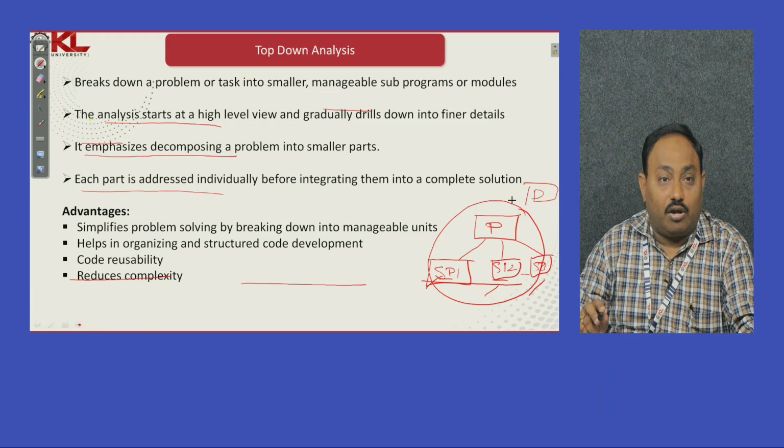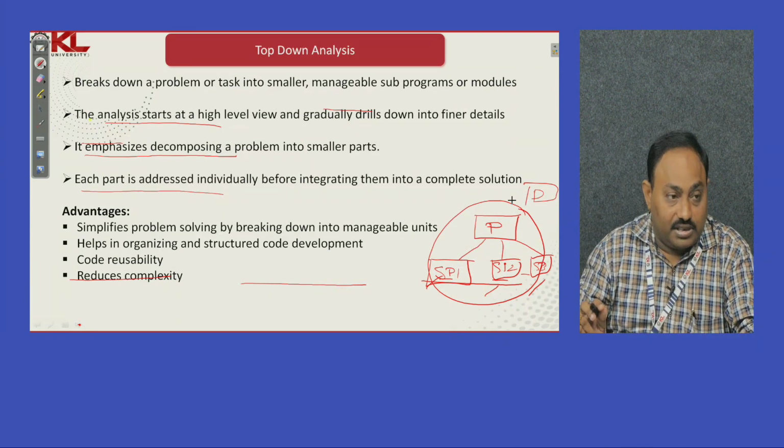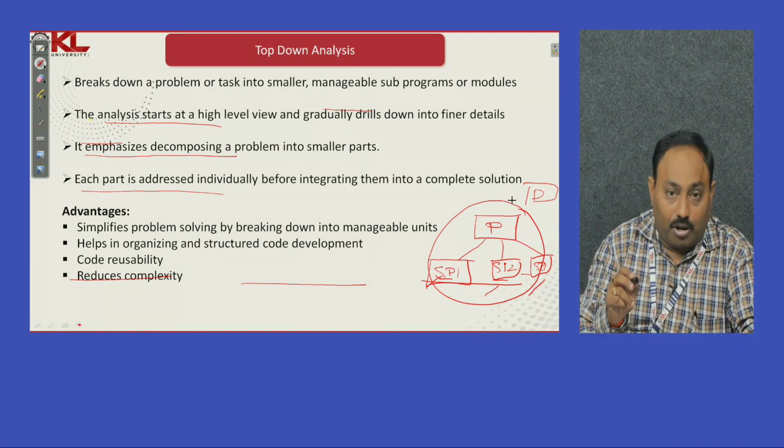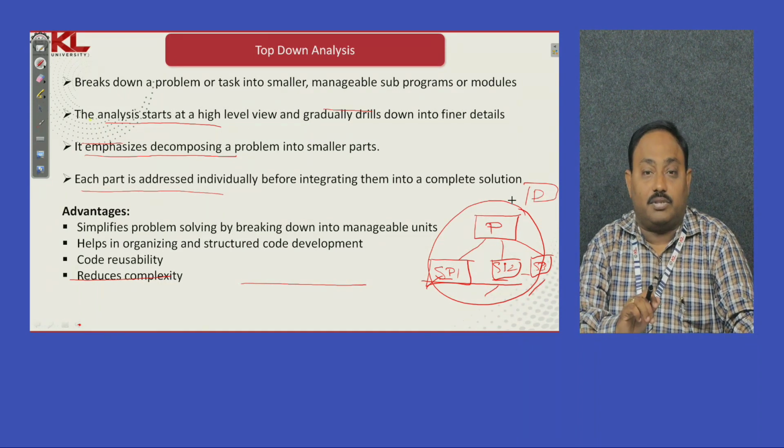If you look at top down analysis, we can get some advantages. The first advantage is that it simplifies problem solving by breaking the problem down into manageable subunits or subproblems.